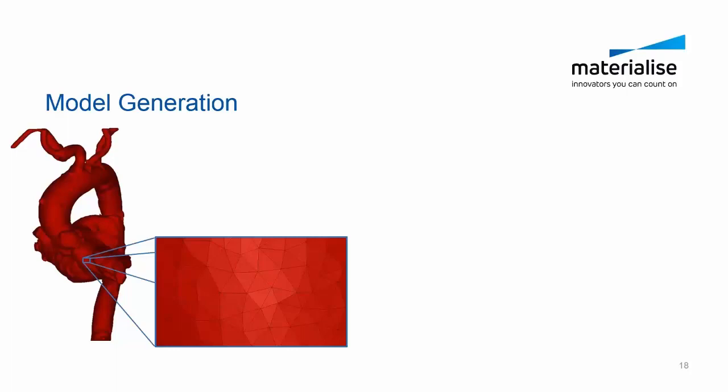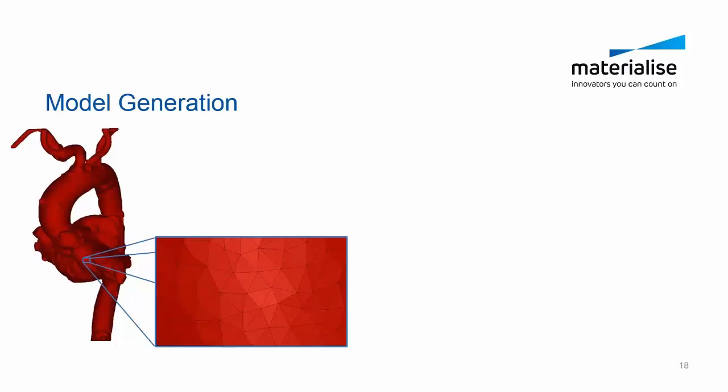So as you probably know, the 3D models we use consist of points and triangles, and these points and triangles make up the three-dimensional shape, and will also make up the statistical shape model.